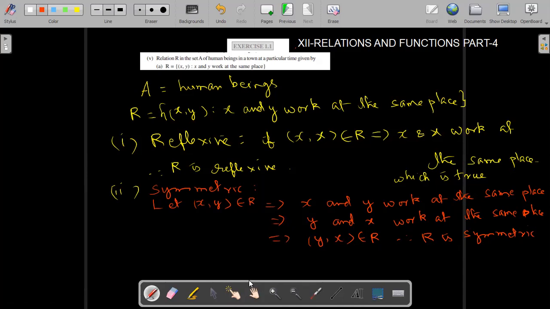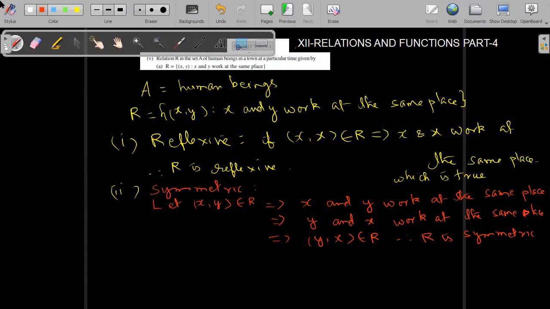Similarly for transitive, we have to write like this only. The third is transitive. For transitive, we have to take two things.